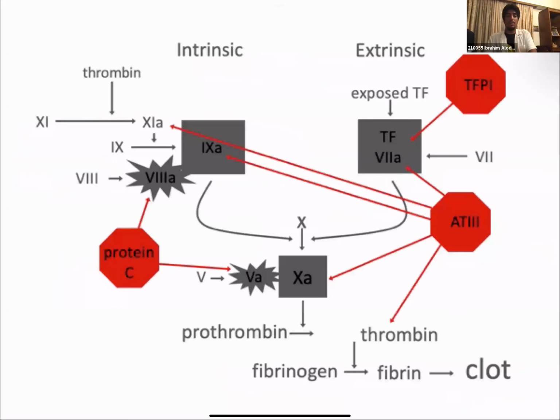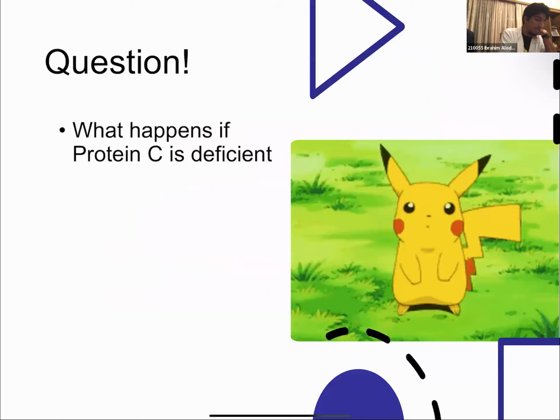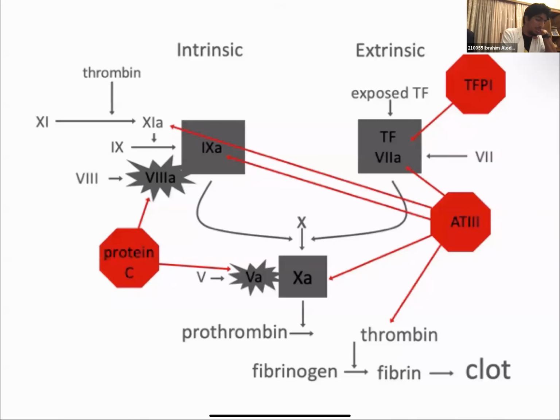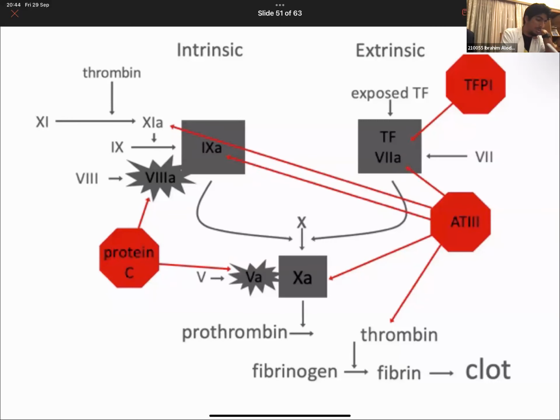So now, and this is a very confusing diagram, I know, but I'm going to tell you exactly what you guys need to understand from this diagram. So we basically have tissue factor. I'll change the color to blue. All right, so you have tissue factor pathway inhibitor, which in the name inhibits tissue factor, right?